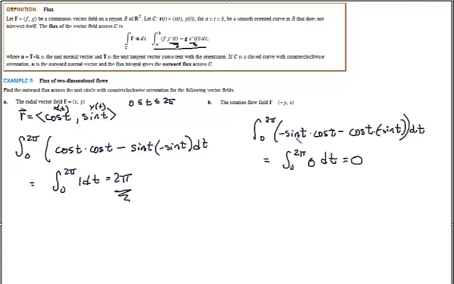Alright, this is my minus y times the derivative of my y term, which is right there, and then minus, this would be my x term, which is the cosine times the derivative of that x term. So in this case I get 0 for the outward flux. And that concludes section 15.2. This was a long one.